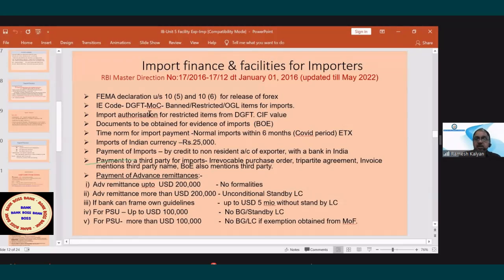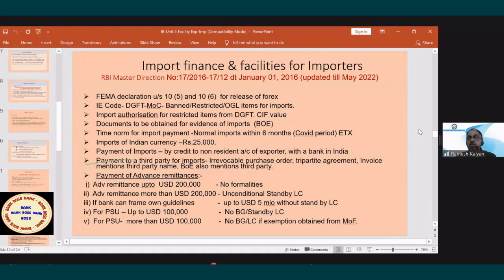Import authorization, or import license. Now we call it import authorization, same as import license. This is issued by, they will ask in the examination, DGFT, Director General of Foreign Trade. And this is in CIF value, cost, insurance, freight. In export, it is FOB, free on board, and for import, it is CIF, because we have got an insurable interest in the goods, because you have already paid for the goods.